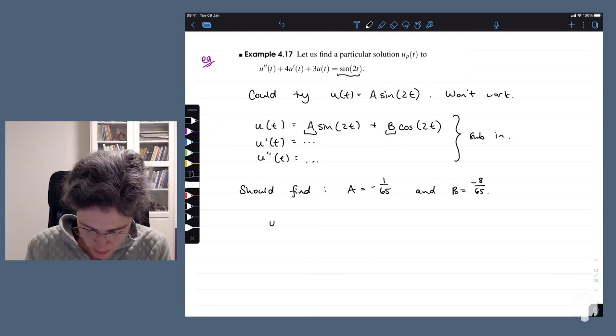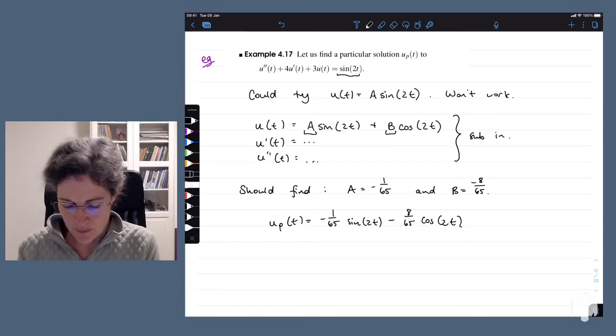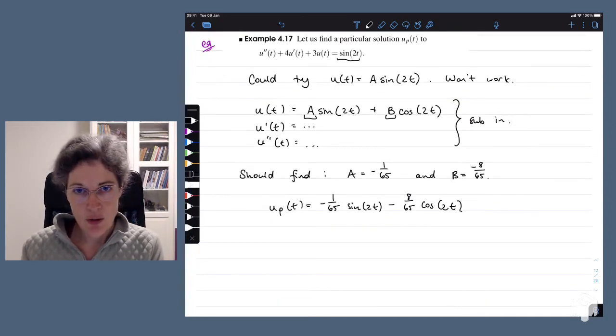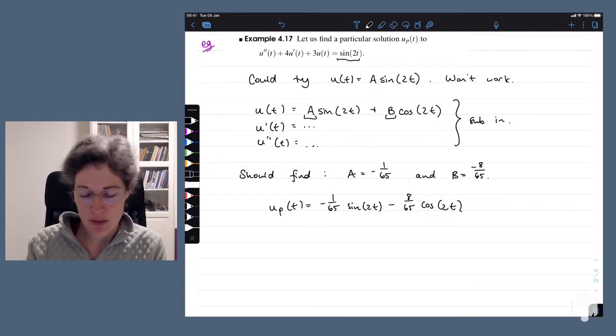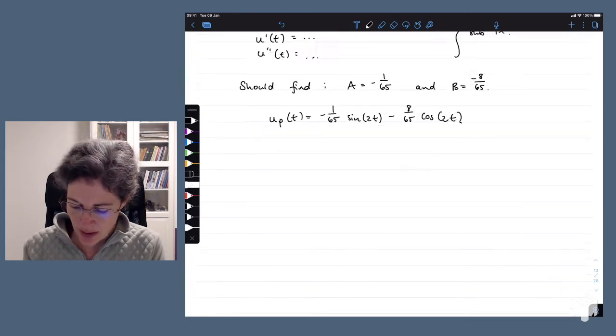So our final solution in this case is -1/65 sine of 2t minus 8/65 cos of 2t. Again you could double check that this is actually a particular solution by doing all the differentiation again, but you probably don't feel like differentiating anything ever again right now, so you don't have to.